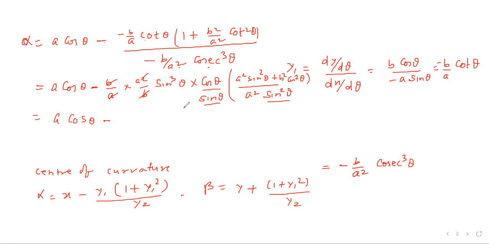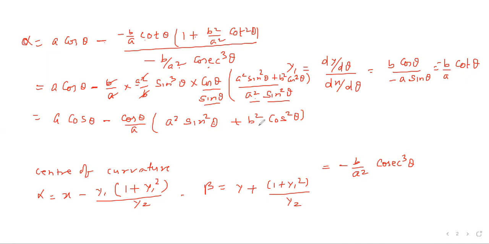So only cos theta will be left. So here 1/a will be left because 1/a is here, this is a square. So cos theta divided by a times (a square sine square theta plus b square cos square theta).